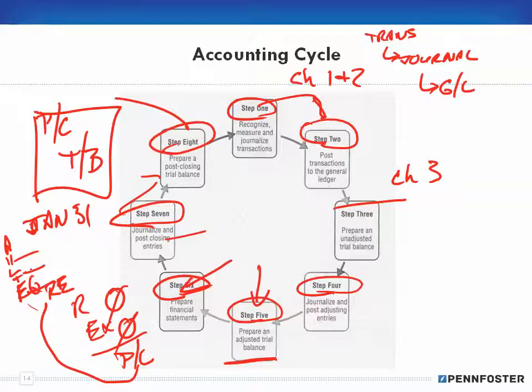If we don't do that, we can create financial statements on paper and present that information, but we have to make the adjustments to our books, and that's why we make the closing entries and prepare a post-closing trial balance.